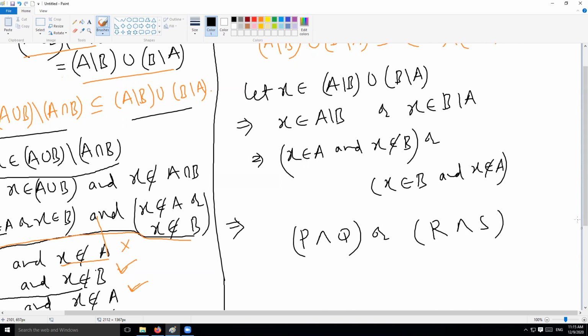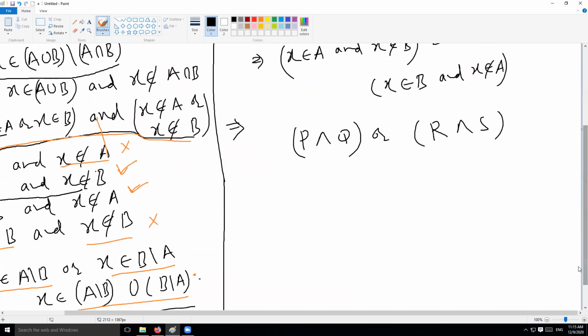That's a kind of statement. Now I'm asking the question, under what condition can this entire statement be true? If any of the P and Q, or R and S, is true.